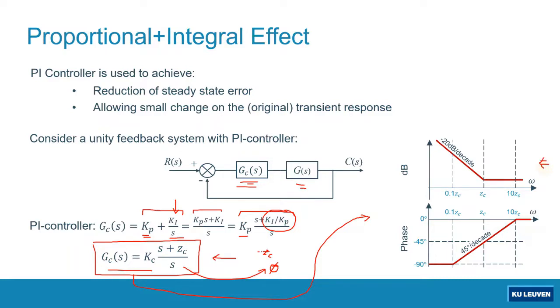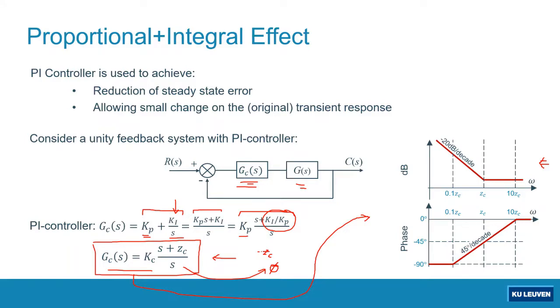The typical characteristic of a PI controller from the magnitude plot is that at low frequency, the magnitude has a slope of negative 20 dB per decade, and at high frequency we will have a zero slope, okay, and the corner frequency will obviously be at Zc. This is a typical magnitude plot of a PI controller.